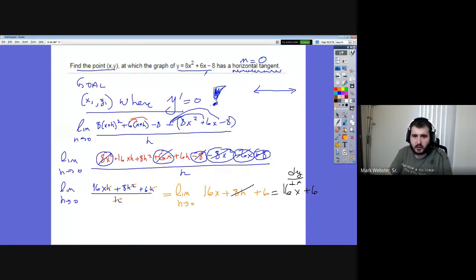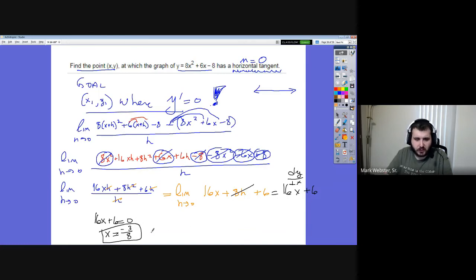So we're going to set that equal to 0, right? Horizontal tangent line, set that equal to 0. So we're going to do that right now. We're going to do 16x plus 6 equals 0. Just solve for x, subtract the 6, divide by 16. Negative 6 over 16, which simplifies to negative 3 over 8, right? So that's our x value.